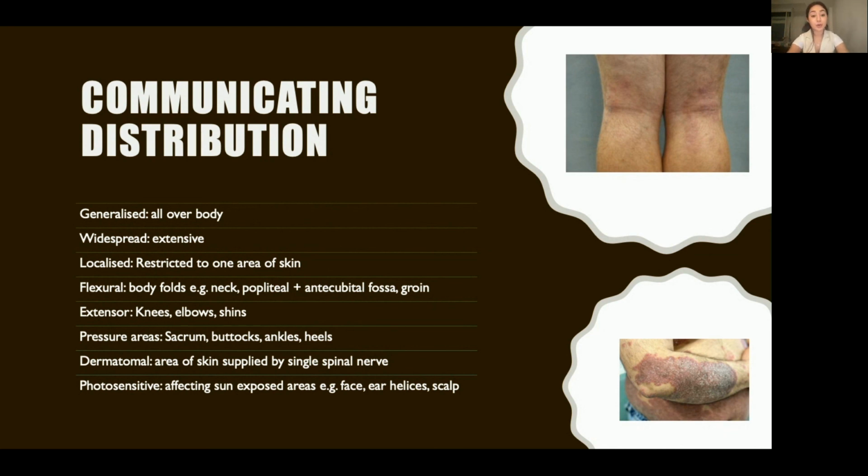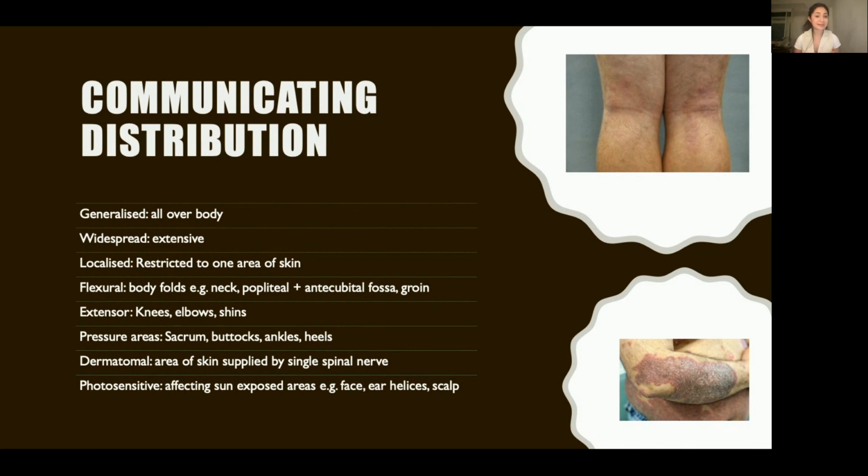And flexural is looking in your body folds, so the neck, the popliteal regions, the antecubital fossa. Something like eczema is more of a flexural disease; you can see at the top there, that's more in the popliteal region. Whereas if you're getting lesions more in the extensor region, for example, psoriasis is more extensor. Have a look at the knees, elbows, shins.